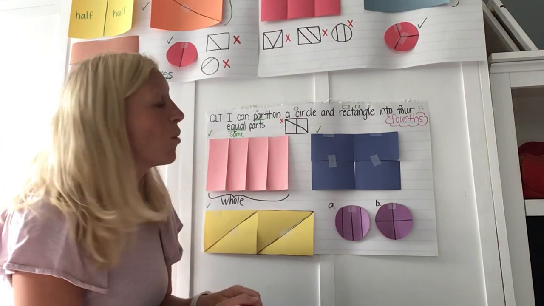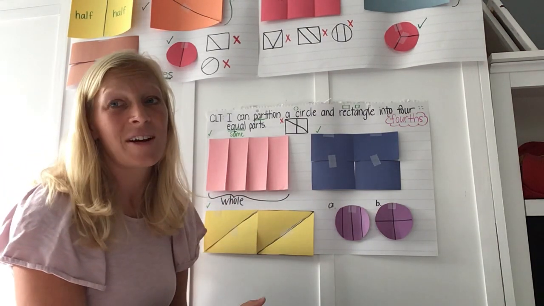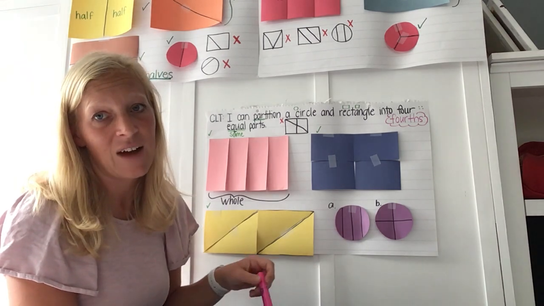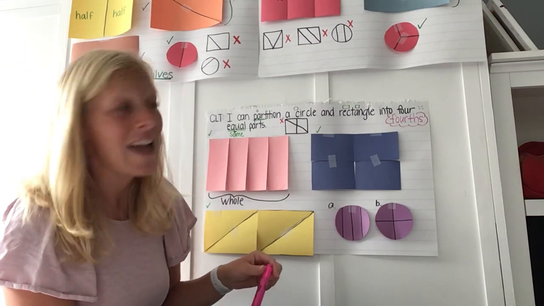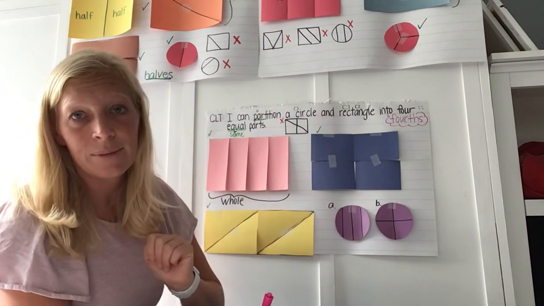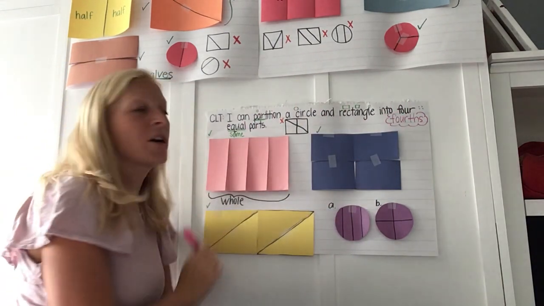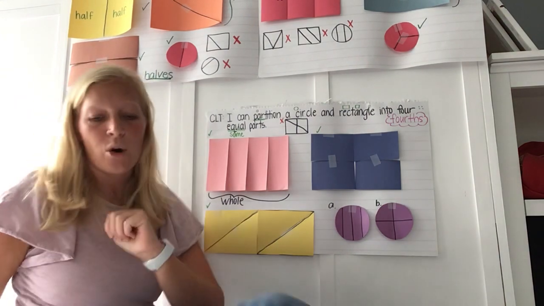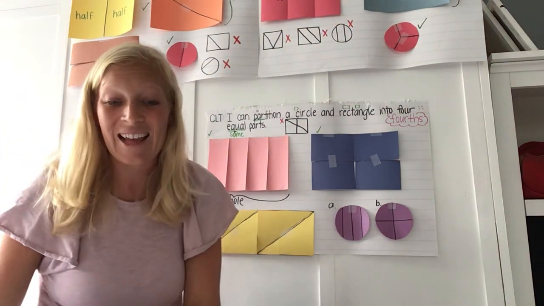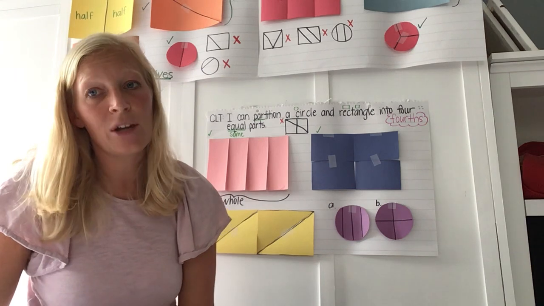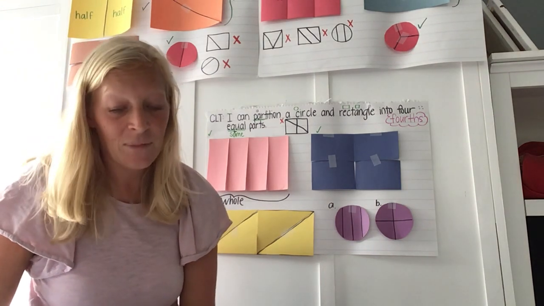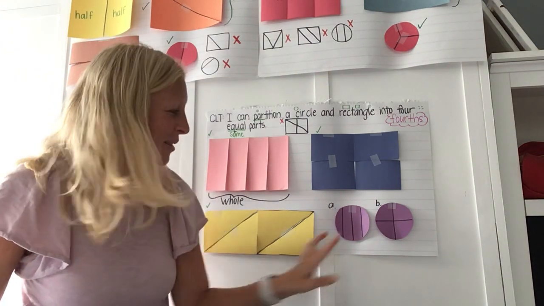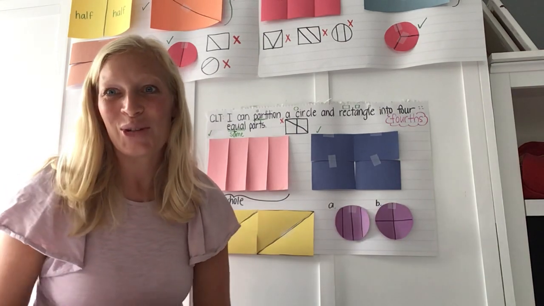Those are words that I want to hear you using when you're explaining your thinking about dividing up these rectangles and circles. Fourths, 4 equal parts, and whole. Those are 3 words or phrases that I want to hear you saying so that I know that you really understand what we're doing today. Can't wait to check in with you and see what we know about those 2 circles.